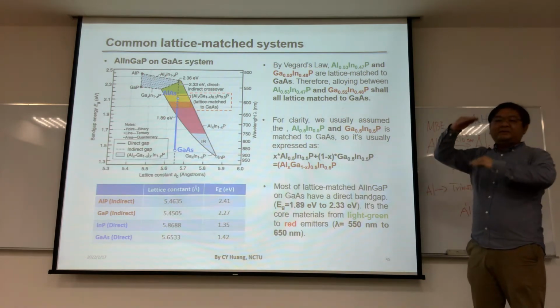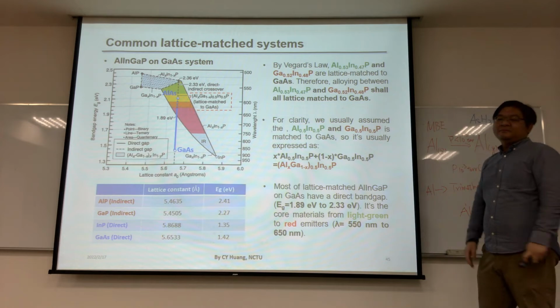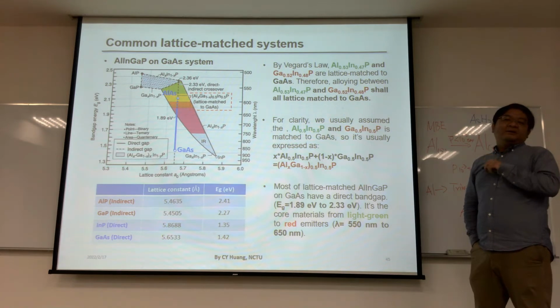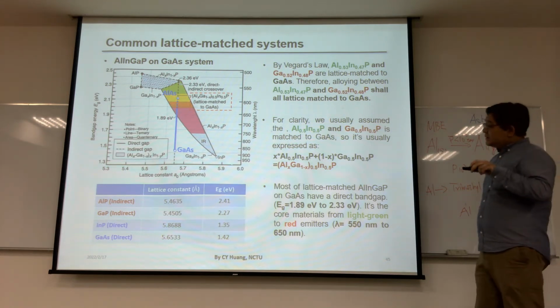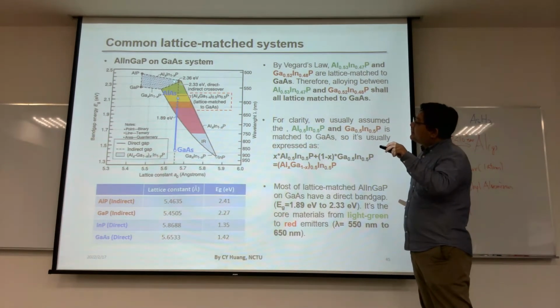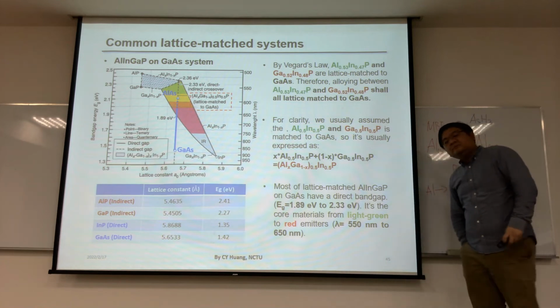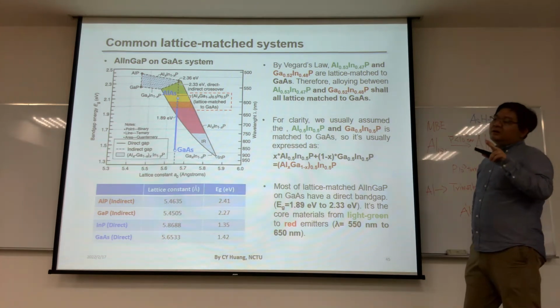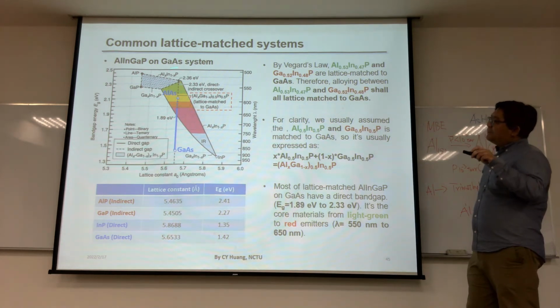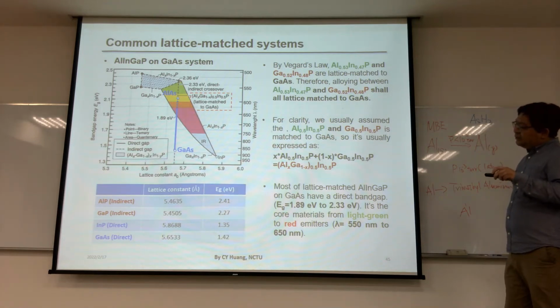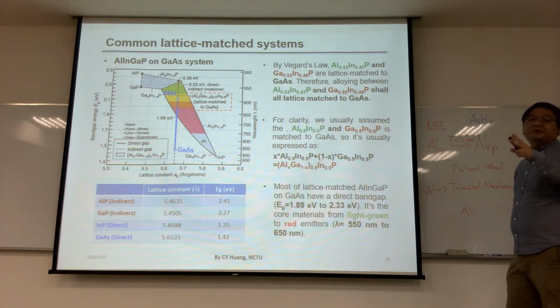Then the alloys between these two alloys, according to Vegard's law, are all lattice matched to gallium arsenide. This is the red material, and it has a direct band gap down to 550 nanometer. So the second lattice-matched material system is AlGaInP with 50% indium and aluminum and gallium in arbitrary composition.